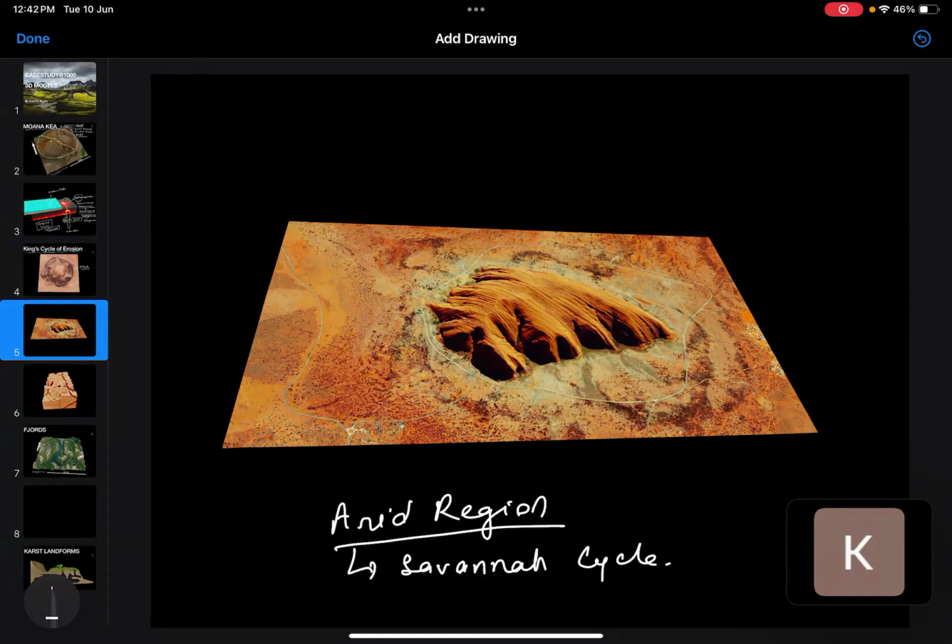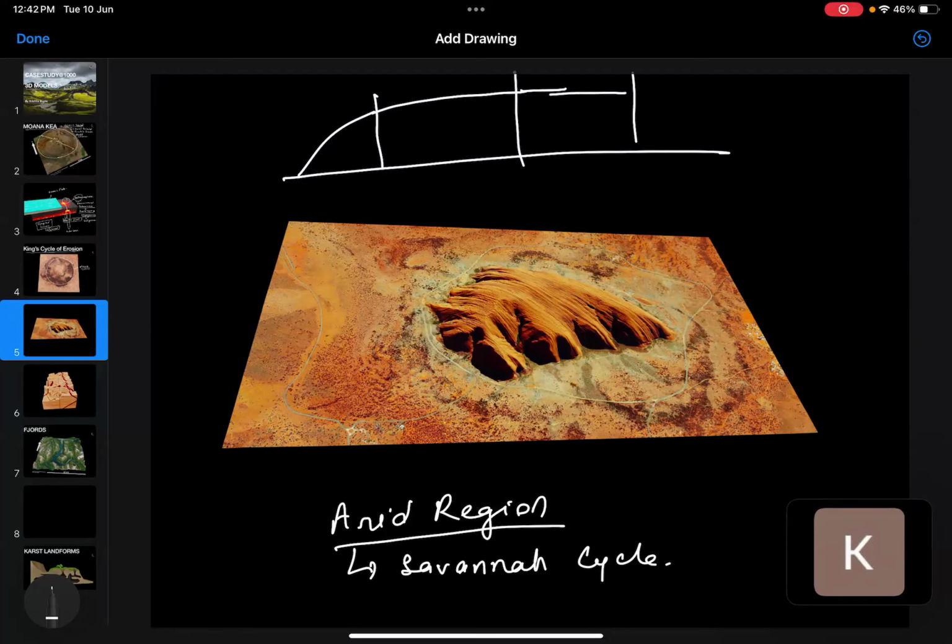So under the savanna cycle, there is first upliftment of landform, then there is youth stage, then mature stage, and then there is old stage.